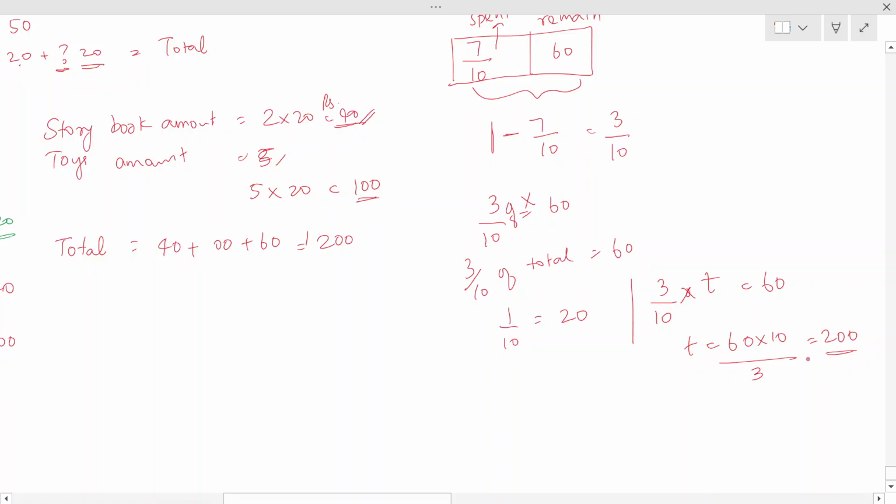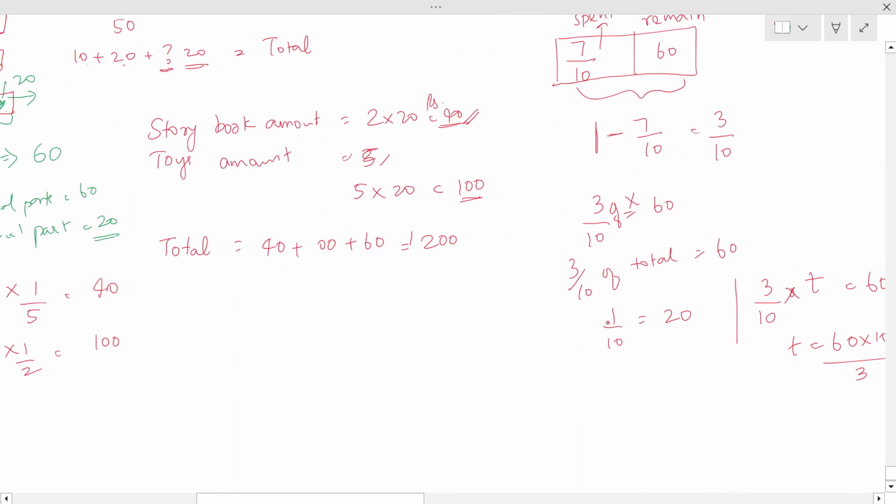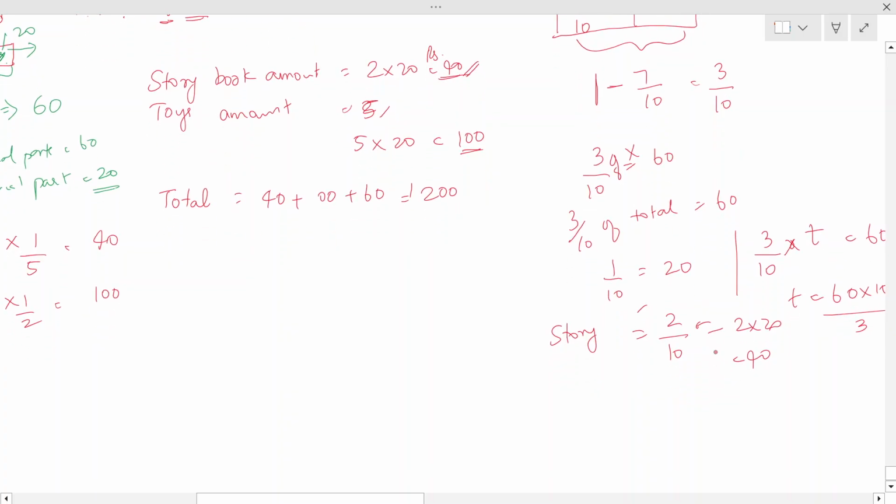Here, one part of the tenth is 20. Storybook is 2 parts of 10, so 2 times 20 is 40, and the toys will be 5 parts of 10, so 5 times 20 is 100.